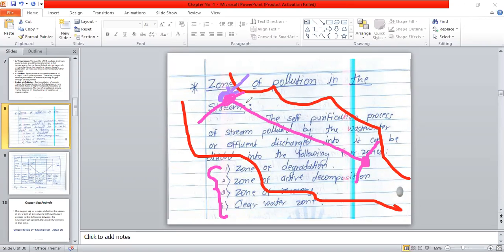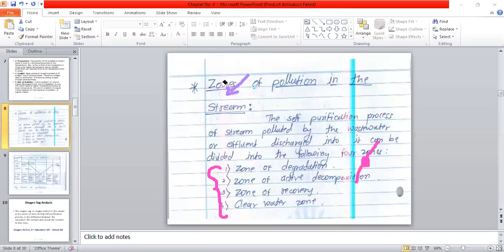So during this portion, how the water is getting self-purified is through these four zones' activities being performed in the river, and the water is getting treated. Let us see what these four activities are and how the water is getting treated. We'll look once again at this figure.